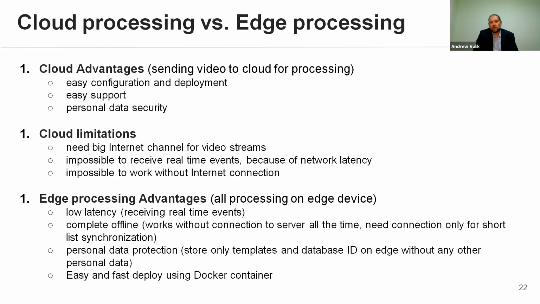Personal data protection can be implemented by sending only templates to each device without any personal data, and it could be quickly and easily deployed and upgraded by using Docker containers technology too. So we recommend using edge processing for real-time video face identification.